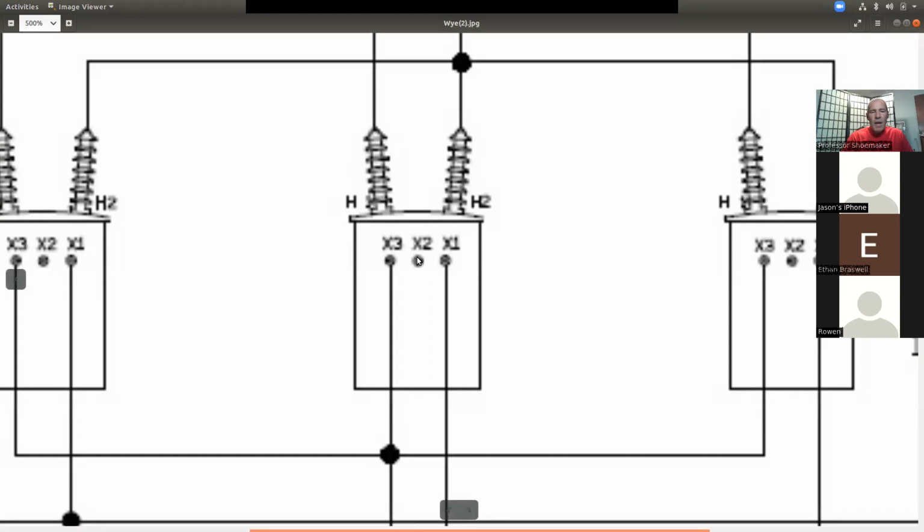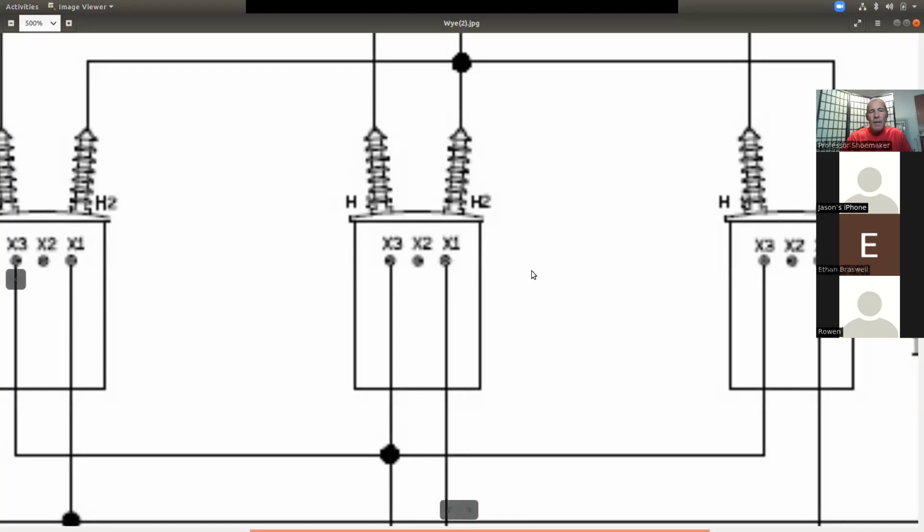I'm going to take A and C and put them on X3. I'm going to take B and D and put them on X1. So I've got AC leads here, BD leads here. Close the transformer back up.